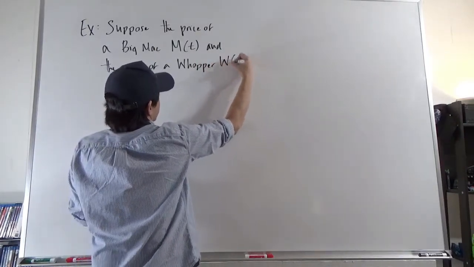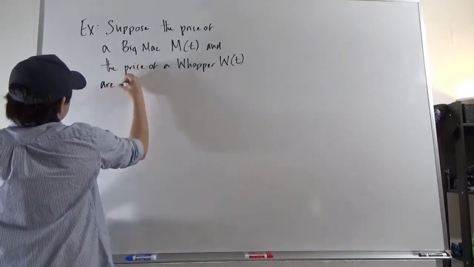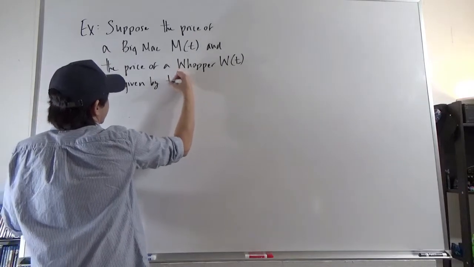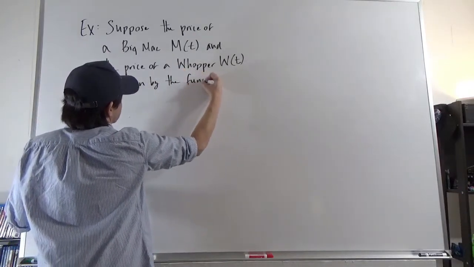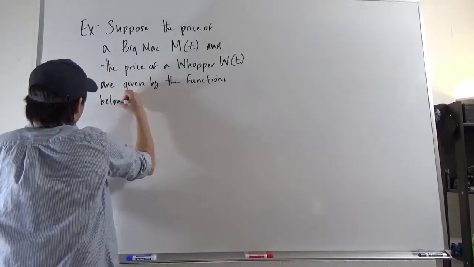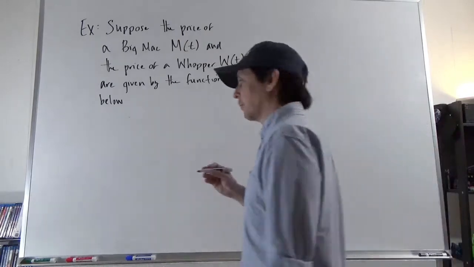We're going to call that W of T, are given by the functions below, where T is defined specifically with a reference year of 1980.